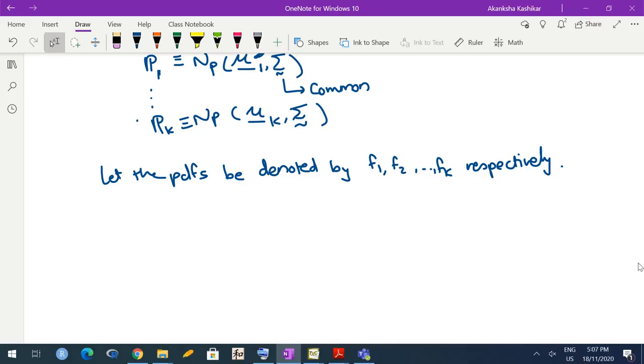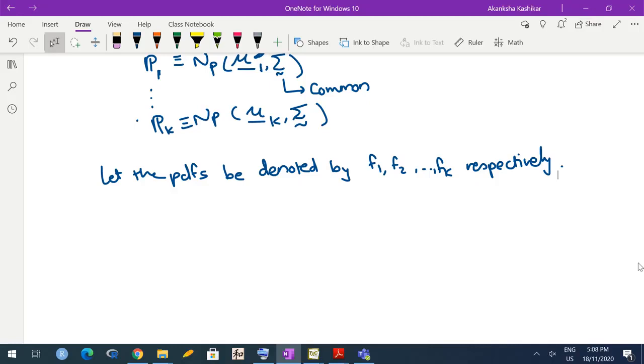In fact, it is not necessary to have all the populations coming from the same family. We can have discriminant analysis where one population is Poisson, another is binomial. That is possible. As long as we know the form of the PDF and PMF, derivations can be carried out to get a rule based on our requirement. So here we are considering the most common case, that is the multivariate normal case.